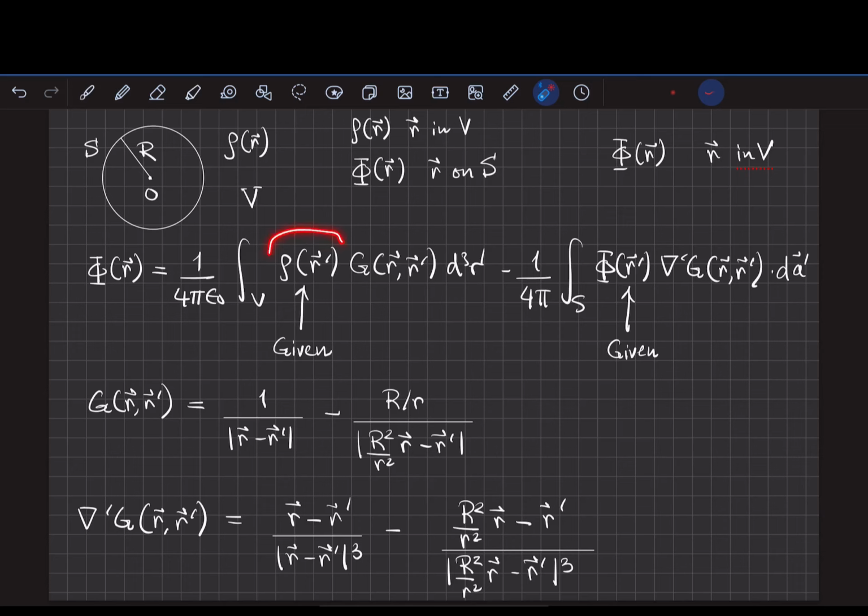So if you are given any arbitrary charge density and some arbitrary potential on the surface S, as long as this is a spherical surface with radius r, you can find the potential outside the sphere using this equation where I found the Green's function.